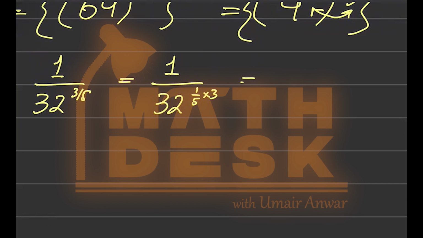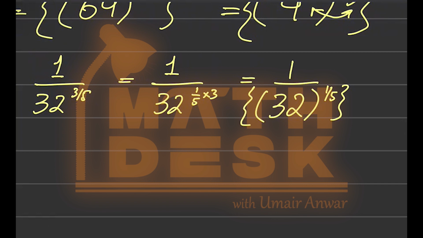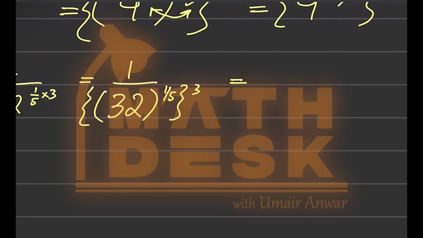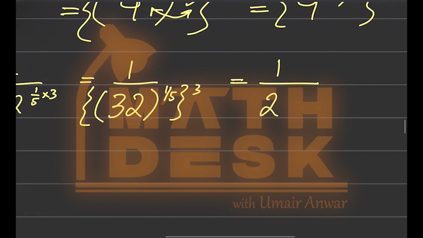Now, that 1 upon 5, I'm applying it over 32 first, and then I'm writing a 3 over here. 1 upon 32 should be changed accordingly so that we can simplify this 1 upon 5. And to do that, I'm writing 2 raised to 5, which is equal to 32, raised to 1 upon 5 whole cube.